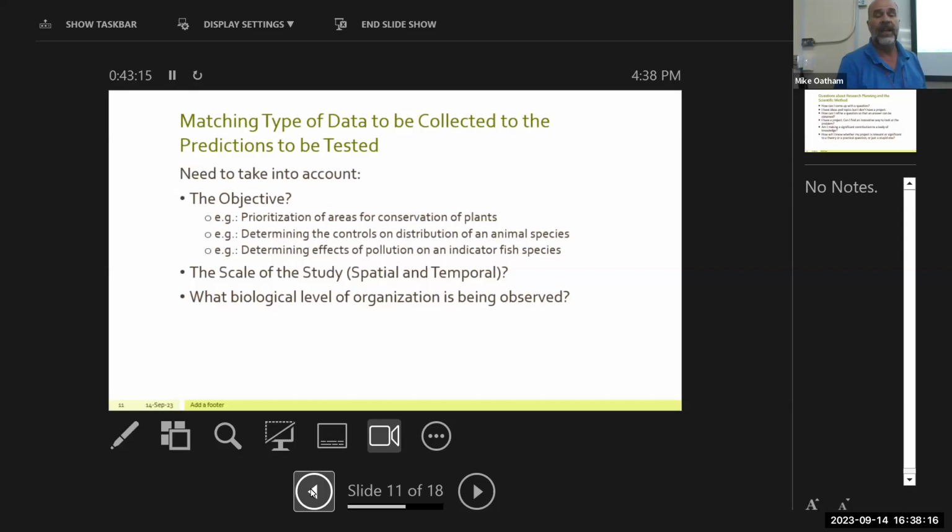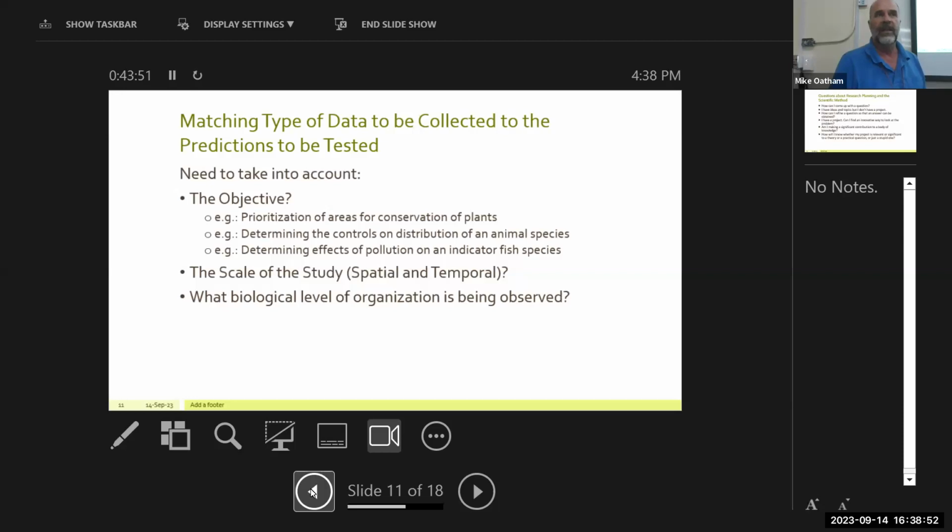Another way in which we can decide on the scale or the sample methodology is what sort of biological level of organization are we observing? Are we observing an individual, a community of that individual, a population of that individual, or are we measuring a community of different species of trees or birds or some other life form?